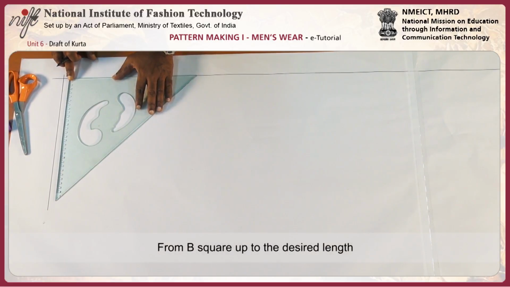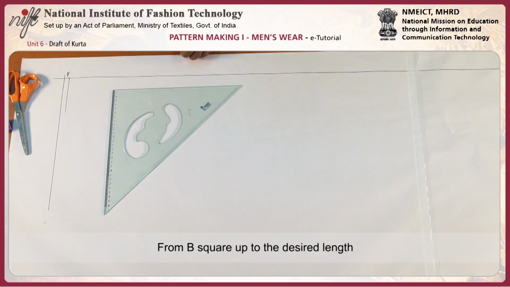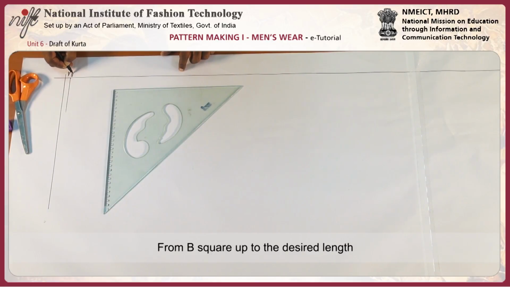Point B square up or draw a perpendicular line for desired length. This is point B.